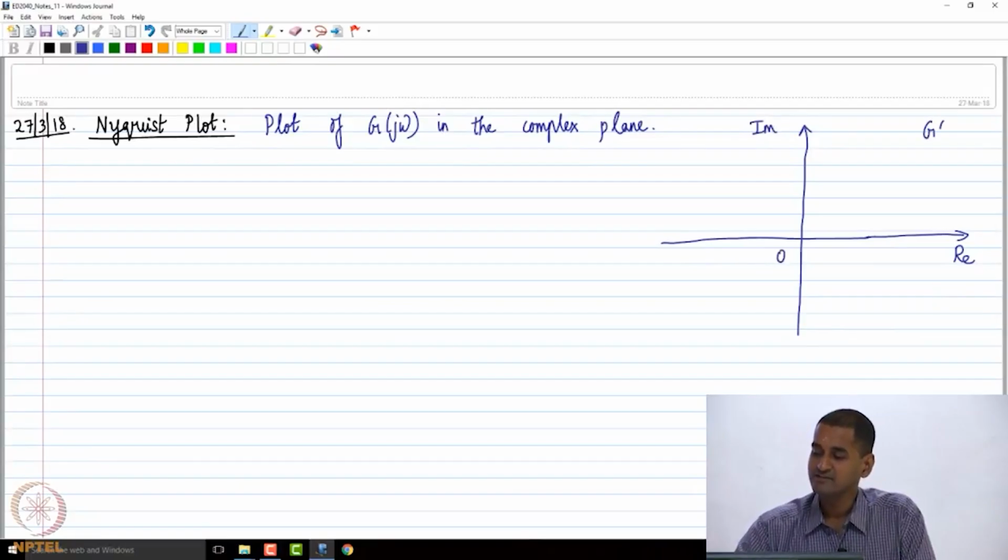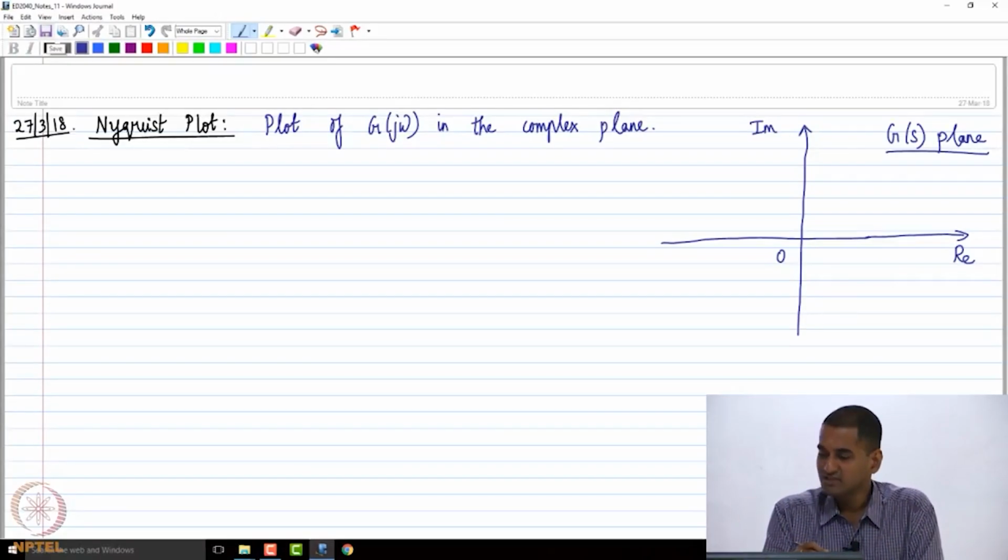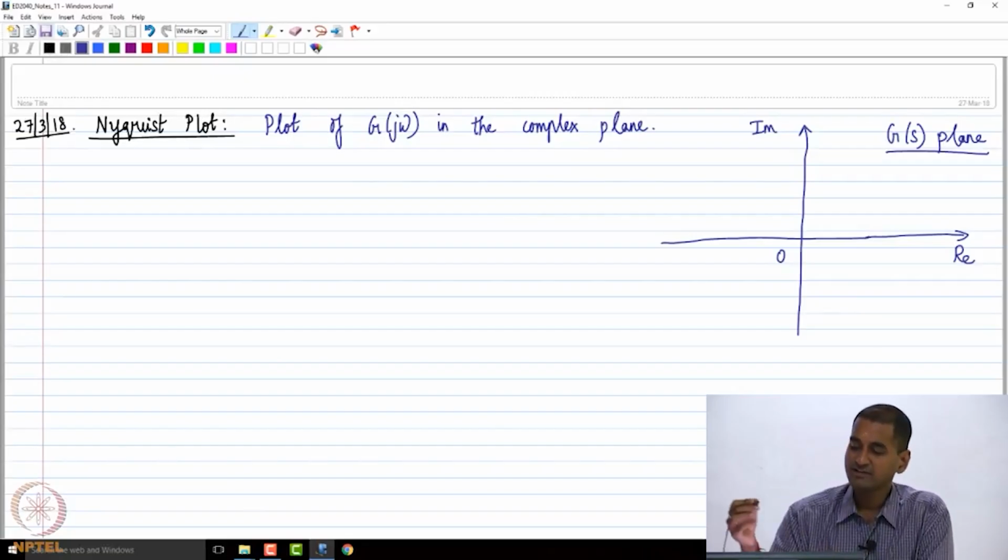Some people will call it the G of s plane, to indicate that it is no longer the s plane as such. That is, we are not tracing the variable s, but rather we are tracing the transfer function G of s, which is also a complex valued function.